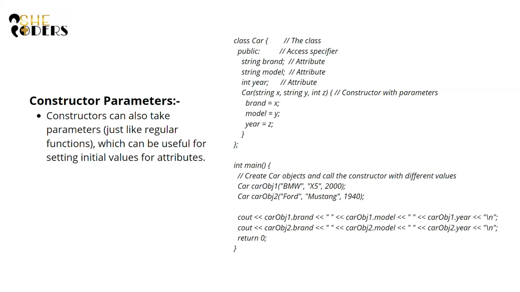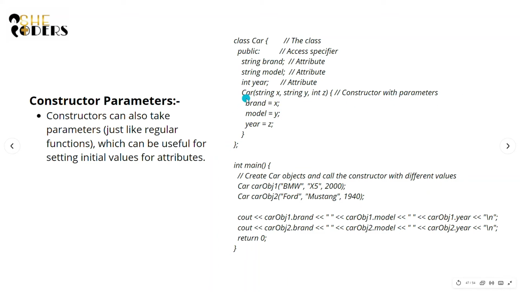Next is constructor parameters. As you all know, functions can have n number of parameters. Just like that, you can also give different constructor definitions, and a constructor can be with or without parameters.